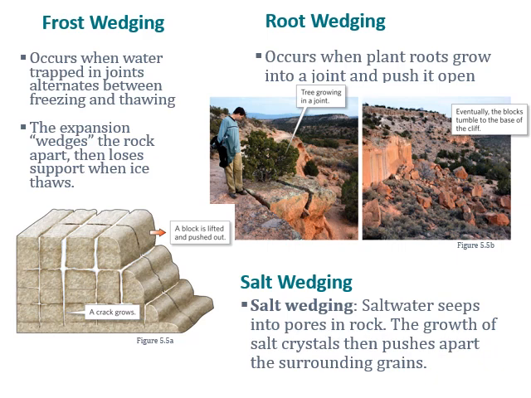Salt wedging is a third type of physical weathering where salt water seeps into pores of rock, and as salt precipitates out of the water, this pushes out the surrounding rock or grains.